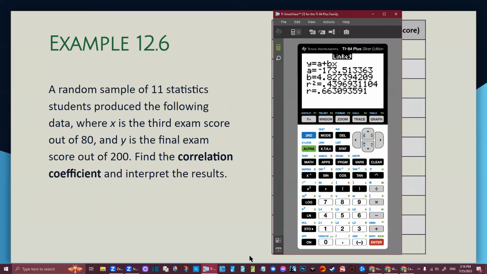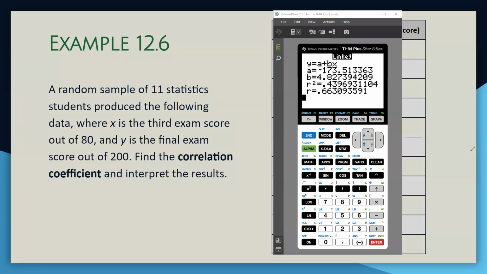Typically, you're going to see me round my R values to 4 decimal places, just like we did with probabilities and p-values. So I would record this R value as R equals 0.6631, and then 09 is going to round up to 1.